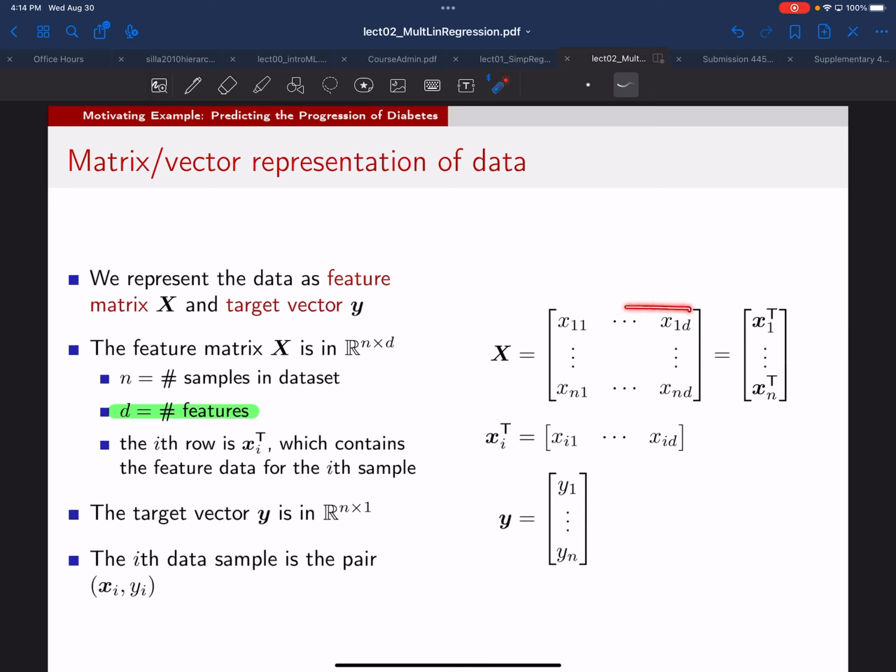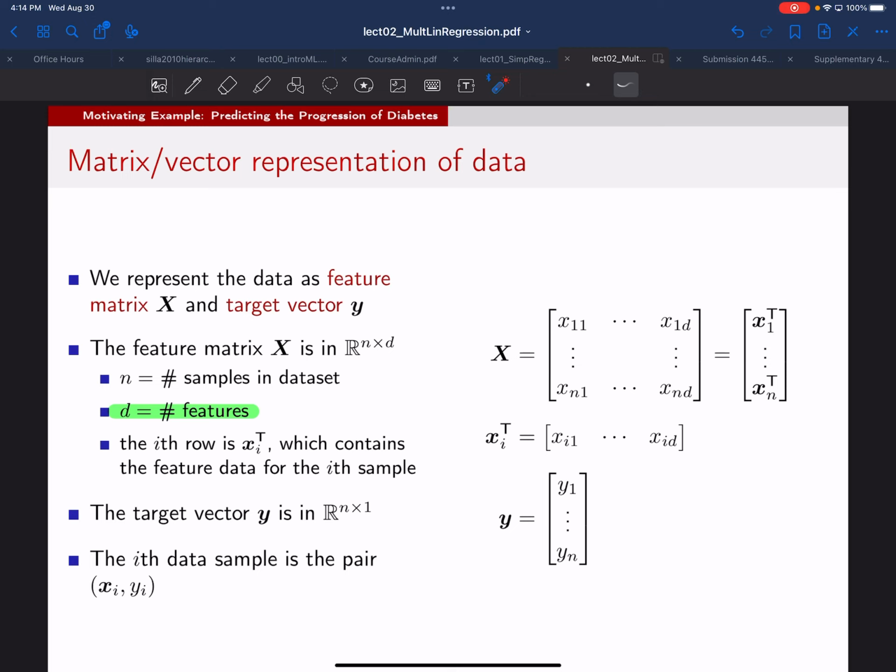Each row would contain the features for a particular data sample. So let's say we're talking about the ith row, then it would go from xi1 to xiD. We're going to call this xi transpose. So xi transpose will be the ith row of our data set. Another way to write this matrix is like this, where each one of these is a row, and you're just stacking the rows on top of each other.